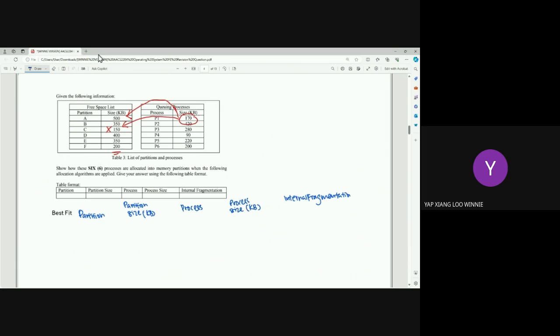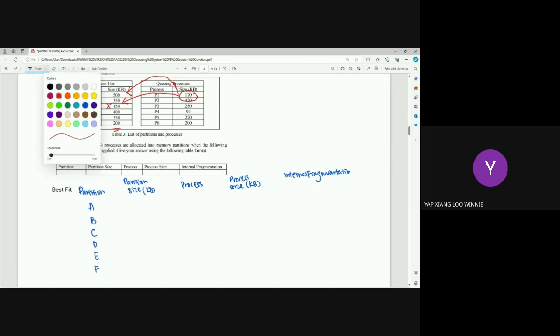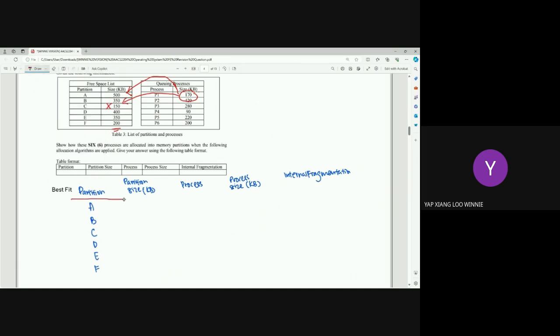Okay, so the first one, just like what I've said, to do the best fit. Oh wait, I should actually copy down this first. A, B, C, D, E, and F. Then I try to draw a line this time so that it doesn't look that messy, and you guys will find it easier to understand as well.